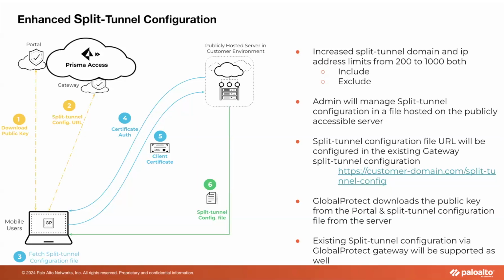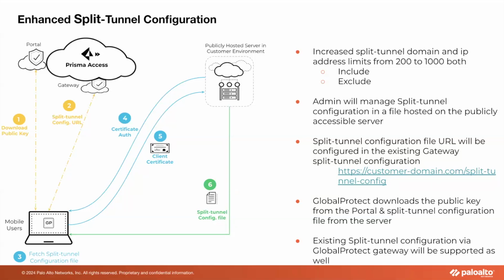GlobalProtect will download the public key from the portal and also the split tunnel configuration file from the server. The existing split tunnel configuration will be supported as well. That's not going to go away. The admin will be able to configure the split tunnel via the file or the traditional way.